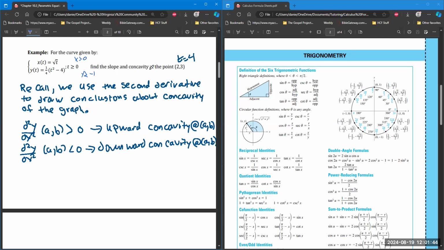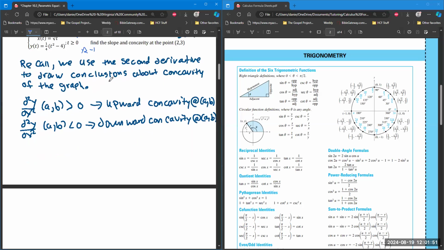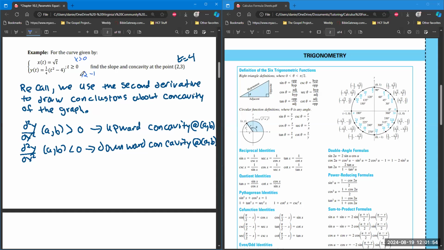All right, so recall we can use the second derivative to draw conclusions about concavity of the graph. If we want to find the second derivative here, we would take the derivative of the derivative, and we'll talk about how to do that here with the chain rule. So we already know that dy/dx is equal to dy/dt divided by dx/dt. Let's write this horizontally, like so.